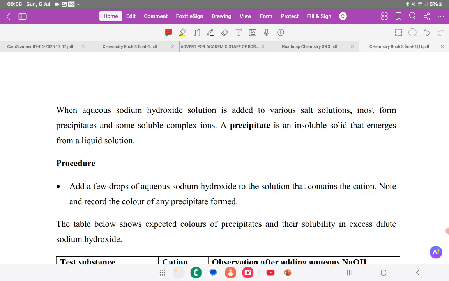So when aqueous sodium hydroxide solution is added to various salt solutions, most of them form precipitates. Don't worry about the word precipitate. Precipitate is just a solid product.